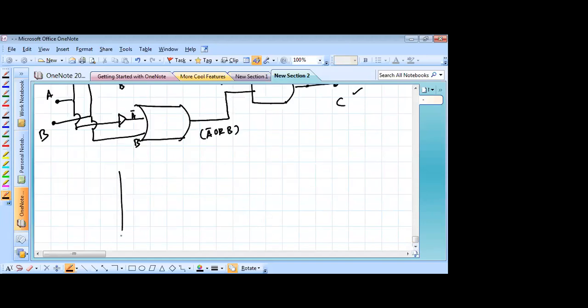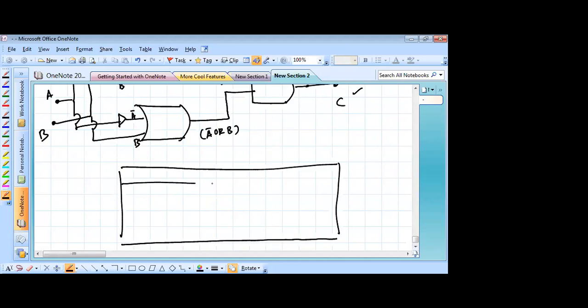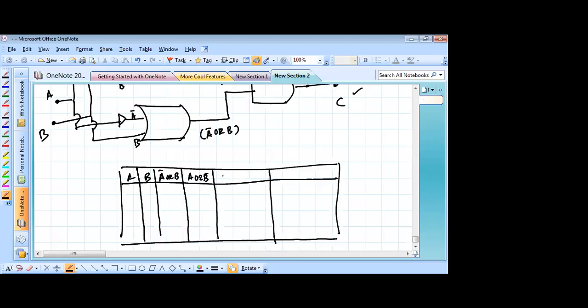Okay. Let's understand how this implements exclusive OR. We got A, we got B, and then we got A complement or B, A or B complement, and then we got that C variable, which is the AND of these two. Okay? So if both of these are 0, then this becomes 1 because A complement is 1, so 1 or 0 is 1, and this also becomes 1, and AND of these two becomes 1.